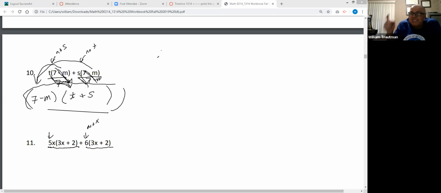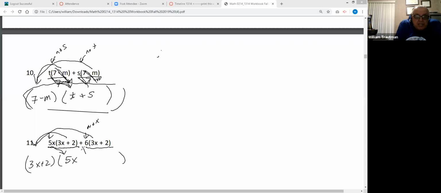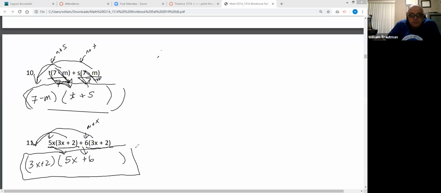So the parentheses is the only thing that's the same in both. So we're going to factor out the parentheses. When I factor out the parentheses, the only thing left is 5x plus 6.